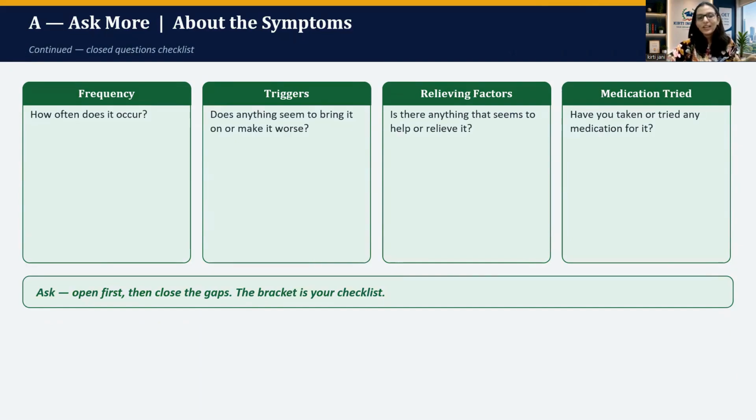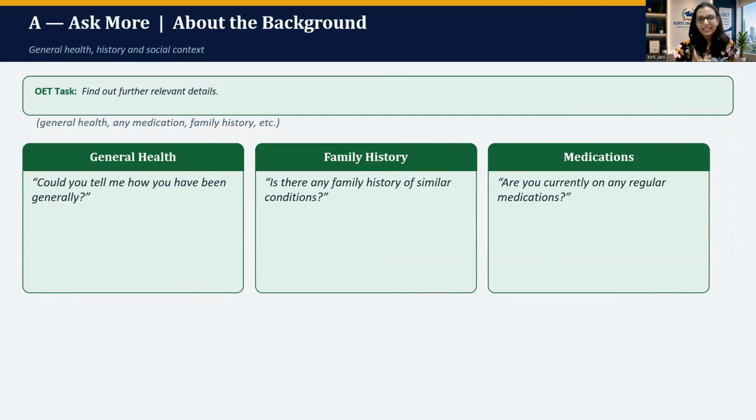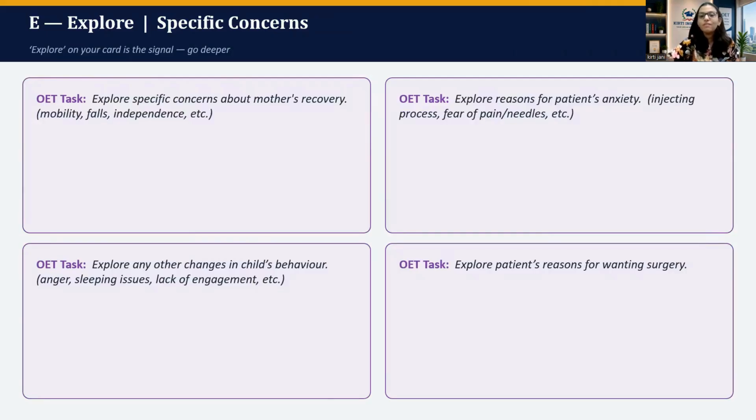So now the third letter is E and that is explore. Whenever we want to explore more, we deep dive on a specific point. As I said in Ask More, when the interlocutor counter questions what specifically you want to know about my problem, you are prompted to make a compound question by asking more than one piece of information.